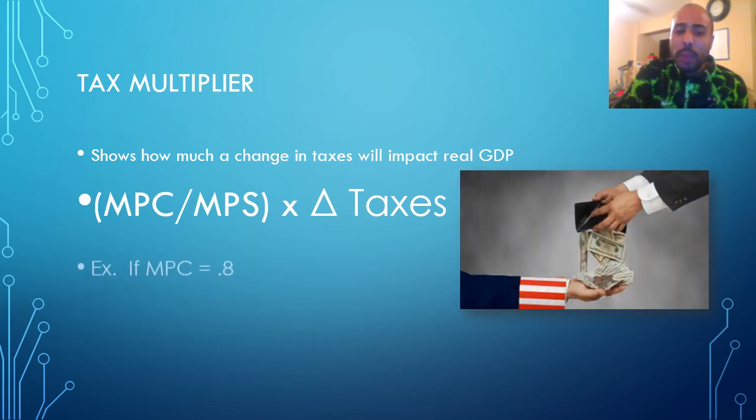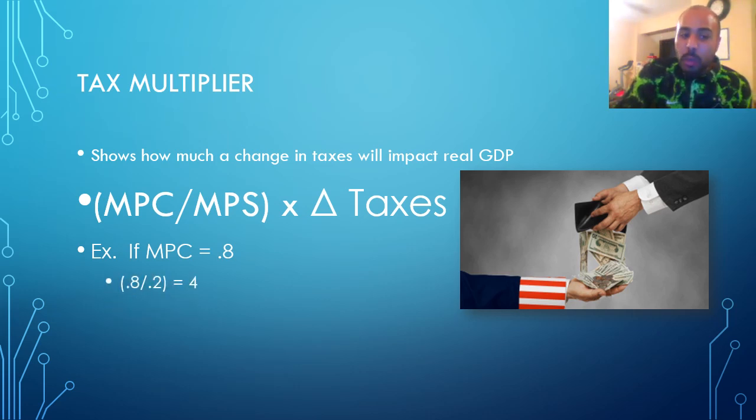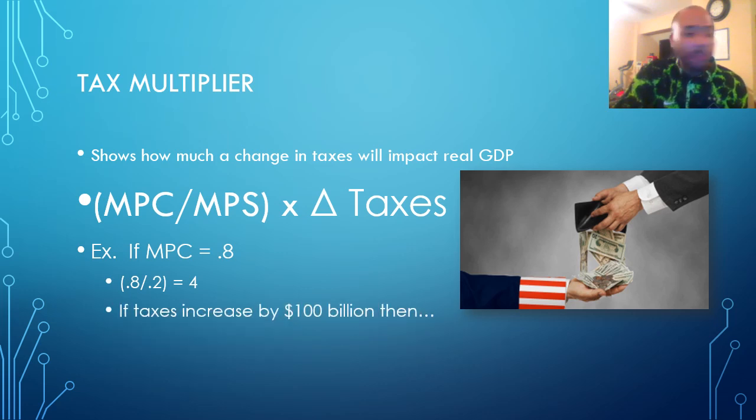Now, the way this works is like, let's say, for example, the MPC in our economy is 0.8. We know that if the MPC in the economy is 0.8, the MPS must be 0.2. So we would do 0.8 divided by 0.2, which is equal to 4. 4 times whatever the change in taxes will tell us the impact on GDP. So let's say the government wants to increase taxes by $100 billion.